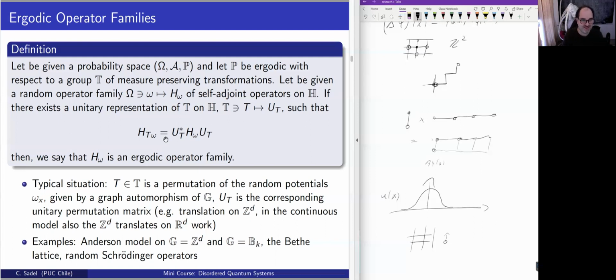You can also use the group of Z^d translates on R^d. Especially in the Z^d case, this group T is isomorphic to Z^d, it's just translations given by Z^d. You can also show that you have this type of ergodicity for the other lattices, for instance.